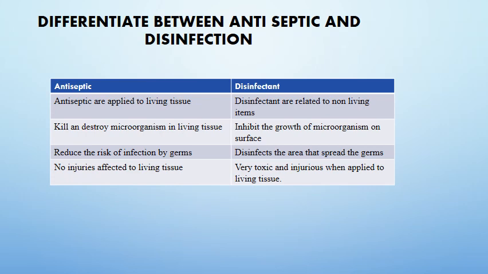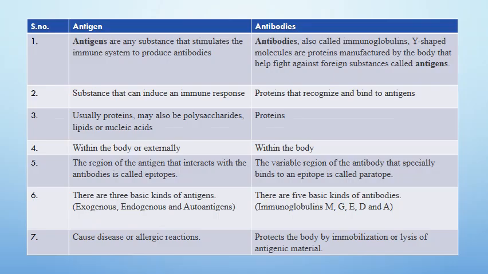Antiseptics reduce the risk of infection by germs. Disinfectants are applied in areas that spread the germs. Antiseptics cause no injury to living tissues. Disinfectants are very toxic and injurious when applied to living tissues.